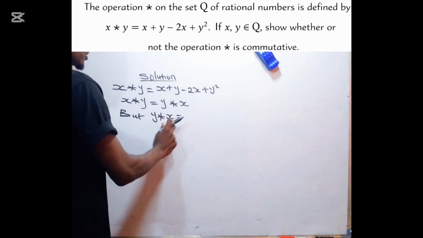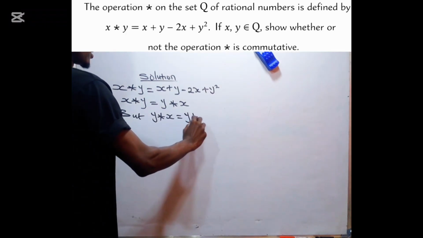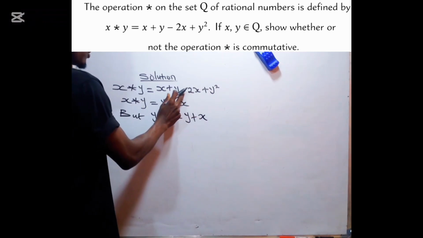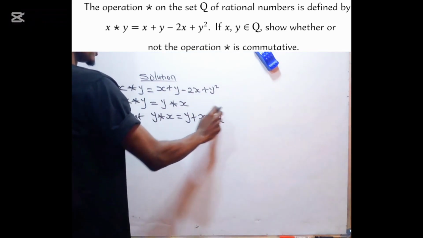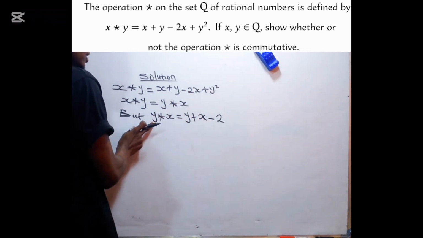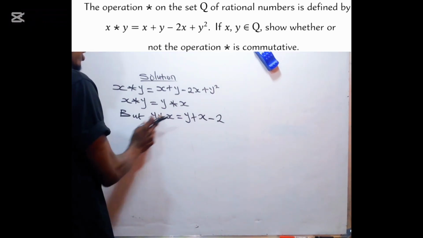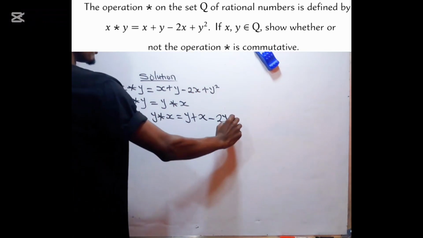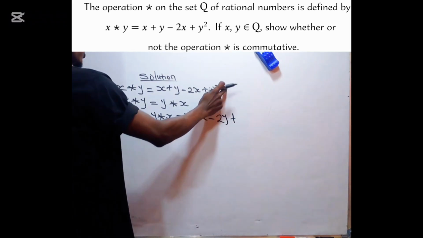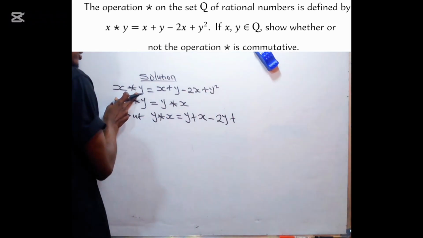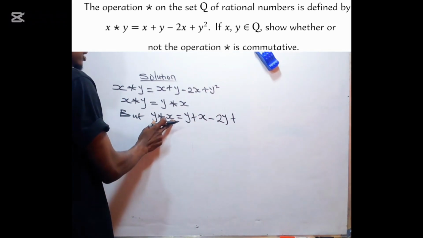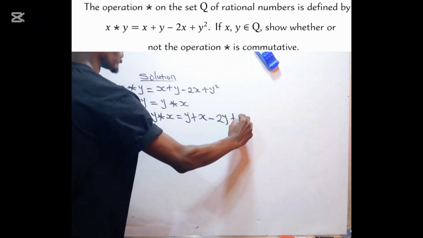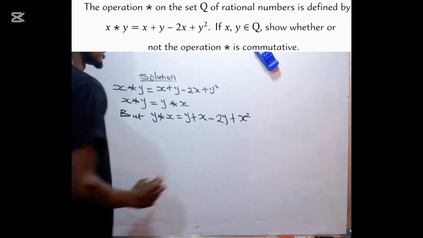So y asterisk x will be y plus x. Then we have minus 2 times the first term. The first term here is y, here it is x. So here we use minus 2y, then plus y squared. Y is the second term, so the square of the second term, which here is x, will give us x squared.